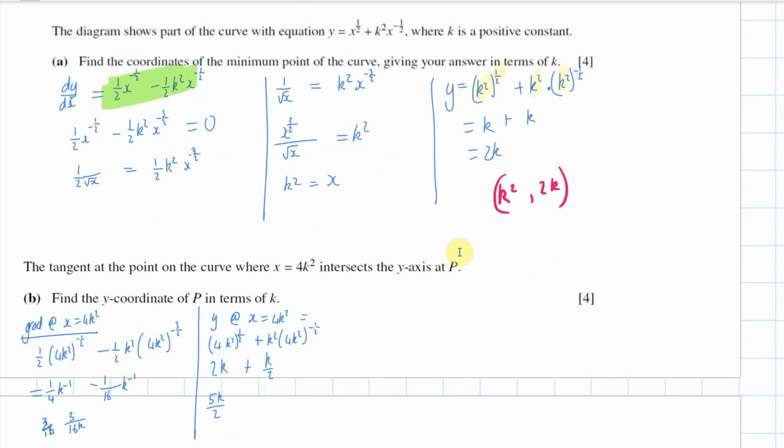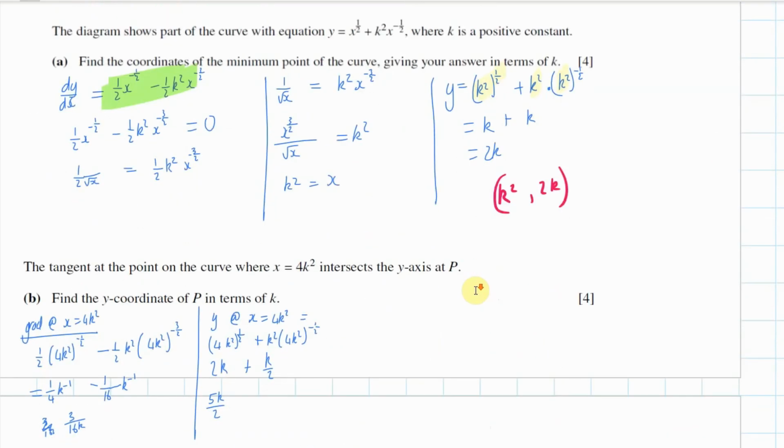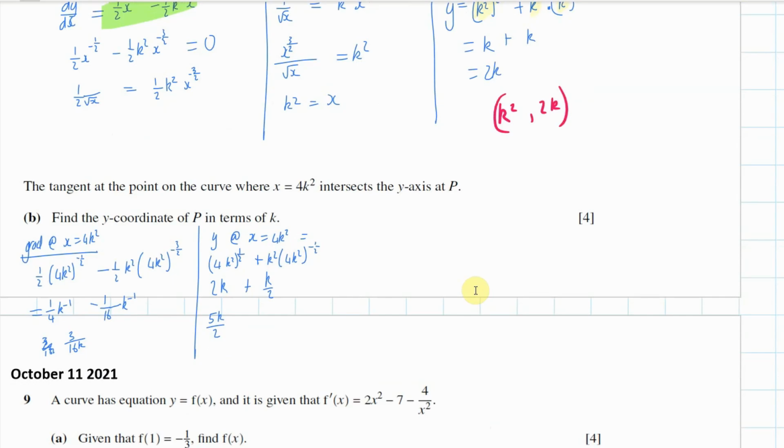Okay, now what we've got is both the coordinates here, and we're doing a tangent, and we're trying to see where it touches the y-axis. So we want to find that y coordinate there. So we're just going to go y equals mx plus c.